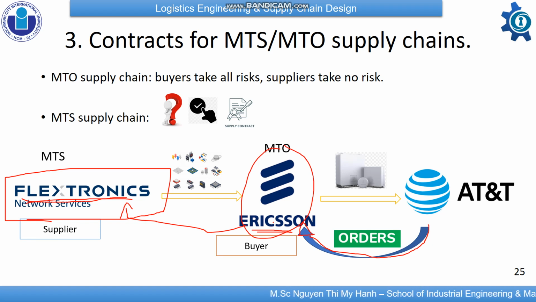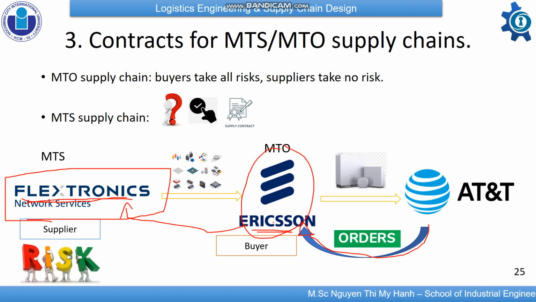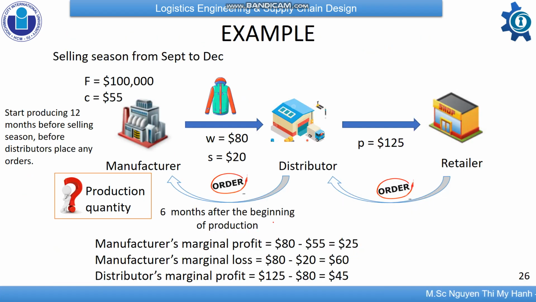When we consider Flextronics as a supplier and Ericsson as a buyer, for the company who uses a make-to-stock supply chain, the supplier will take all the risks, not the buyer. Okay, so let's take this example.